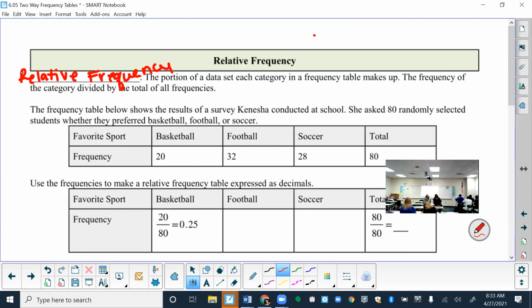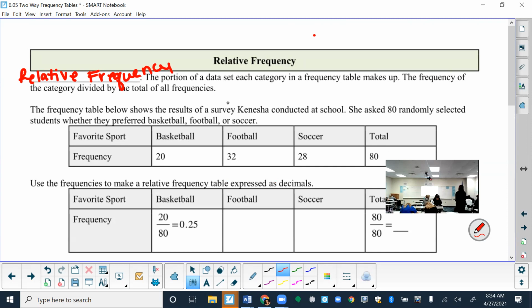Relative frequency is talking about a portion of the data set in relation to the entire data set. So like percentages, fractions, decimals. Here's a small frequency table just to get you warmed up.